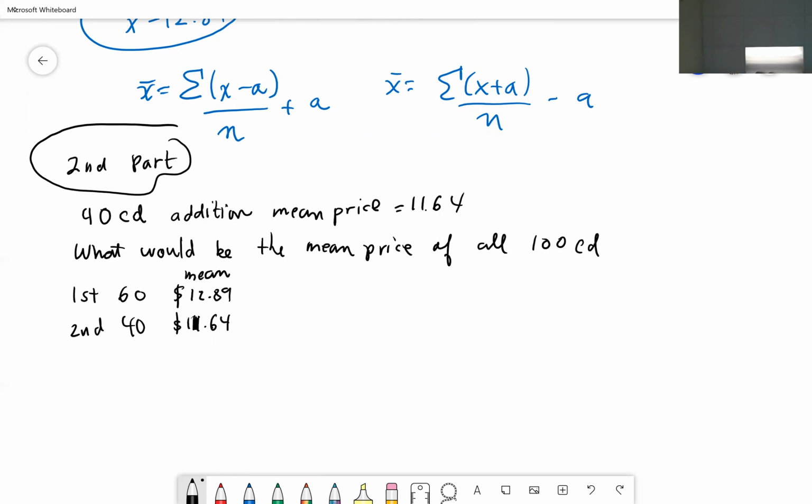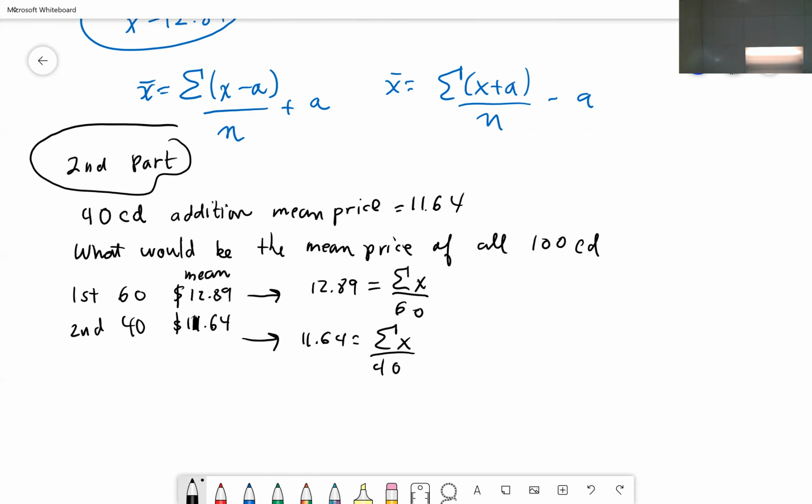Now, would you just add them and then divide by 100? The answer is no. You would have to figure out each individual sum first. Why? Because this one was 12.89, which equals the sum of all CD prices divided by 60. And this one, 11.64, was the sum of those 40 divided by 40.